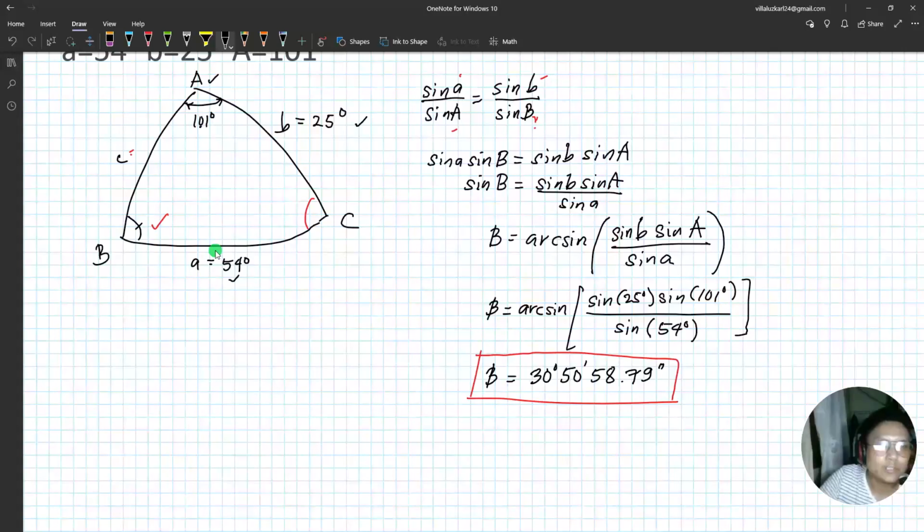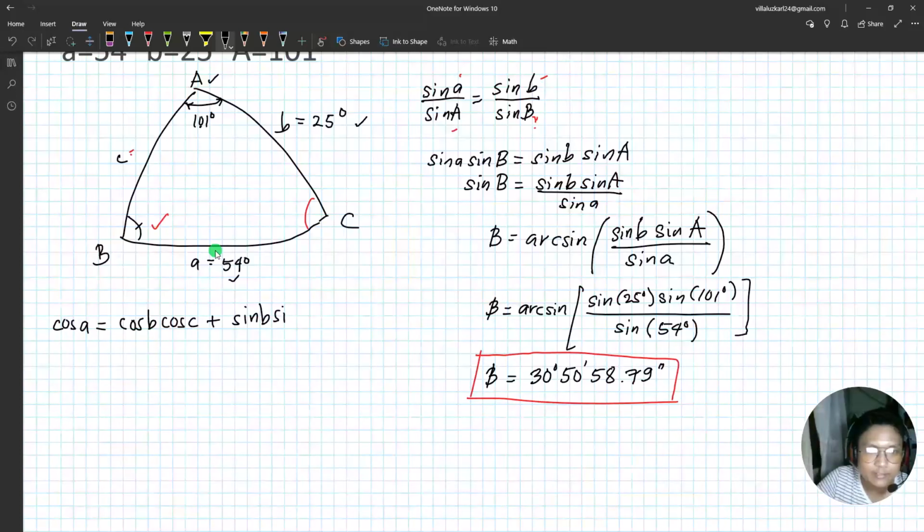Now I choose A as the side for the left hand side of our equation. So cosine A is equal to cos cos sin sin cos: cosine of the other sides B and C plus sine B sine C and cosine opposite to this side, which is angle A. Based on the equation, let's verify first if we can determine an unknown.